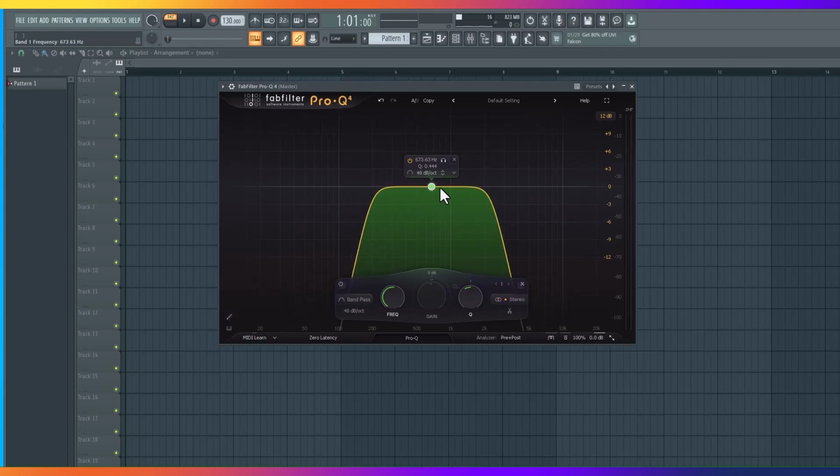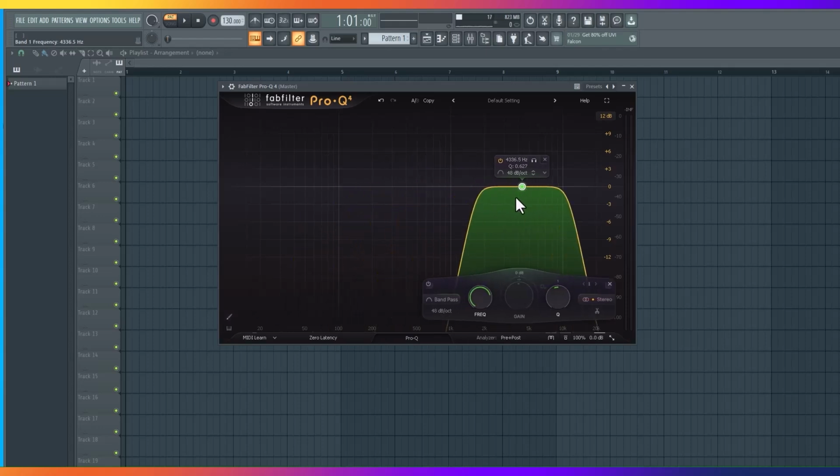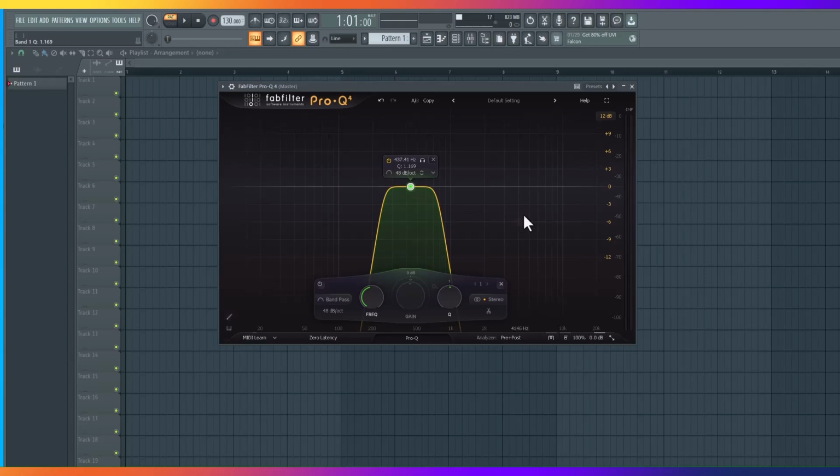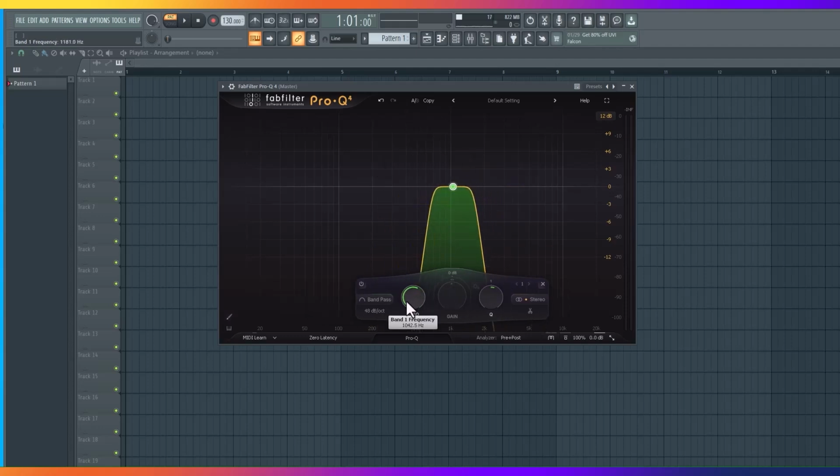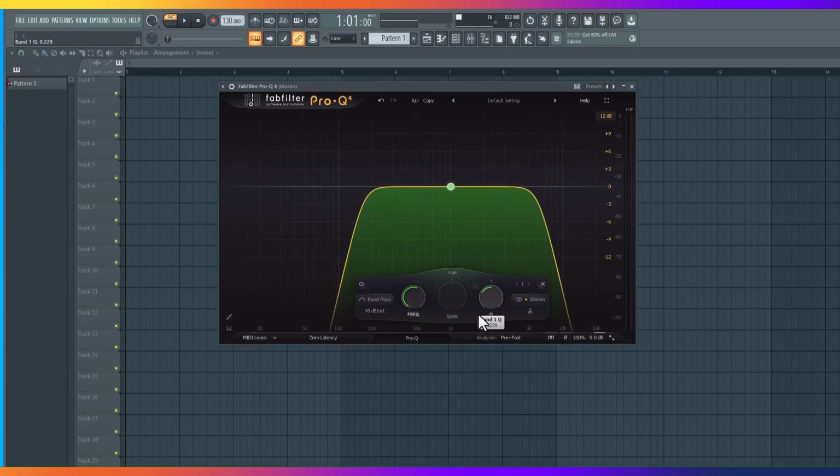So any sound is not going to play from this section, the same as this section. The sound is only going to come out from this section, the band. This is what we call the band pass. We can choose the frequency we want, and we can use the EQ to adjust the bandwidth.